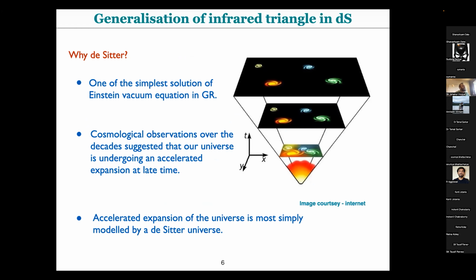And why should we consider de Sitter? The naive answer is that it is one of the simplest solutions of the Einstein vacuum equation in GR. And cosmological observations over the years also suggest that our universe is undergoing accelerated expansion, which is most simply explained by a de Sitter universe.